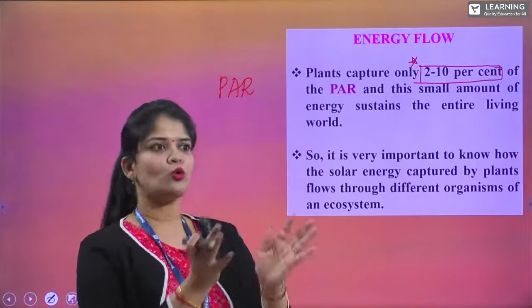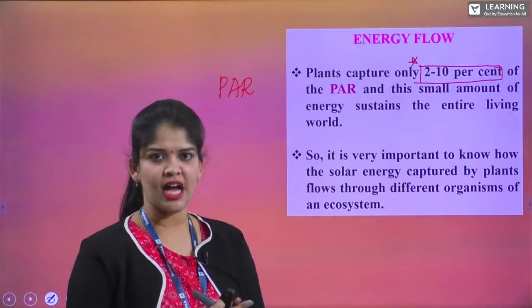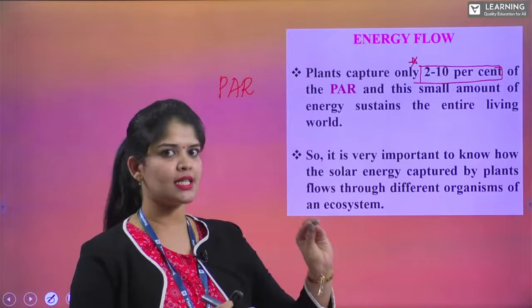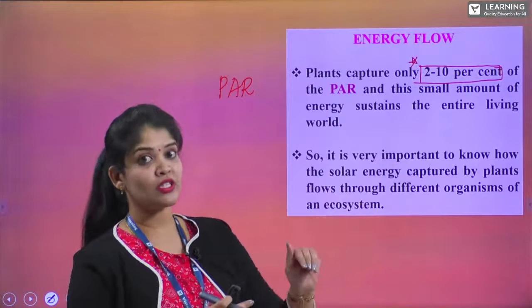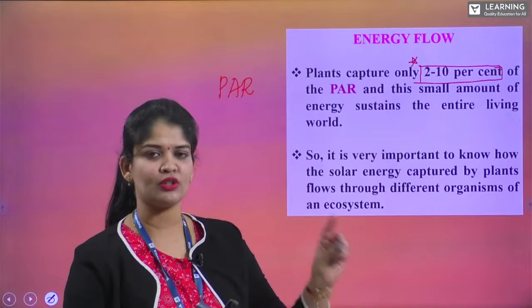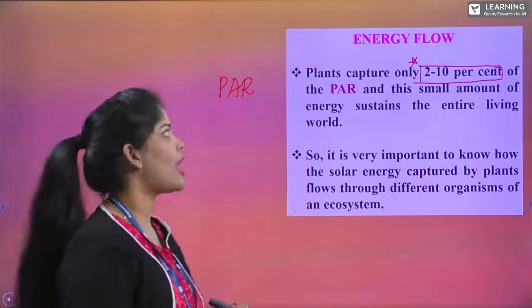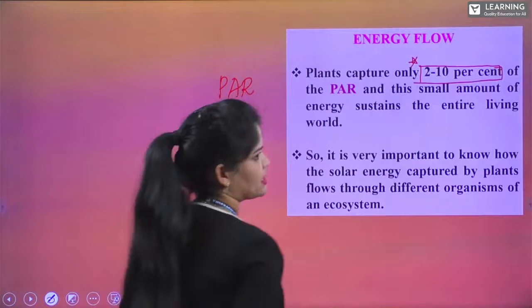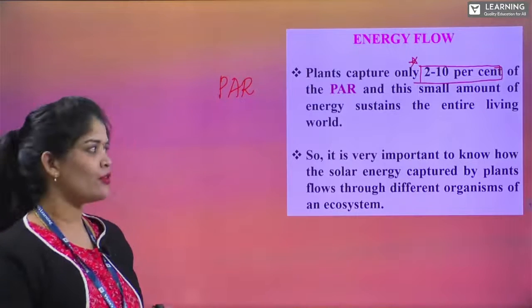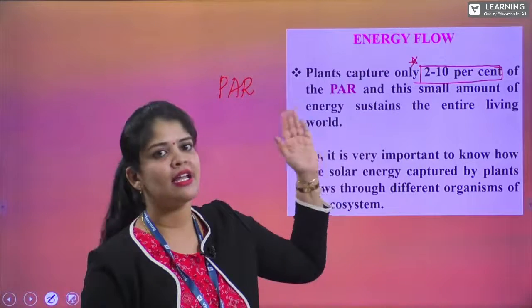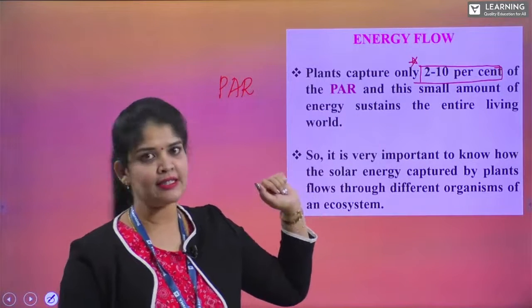See, out of the total sun energy, we are getting 50% as photosynthetically active radiation. Out of this photosynthetically active radiation, the plants can fix only 2 to 10%, and this is enough to sustain the entire life existing on the world.